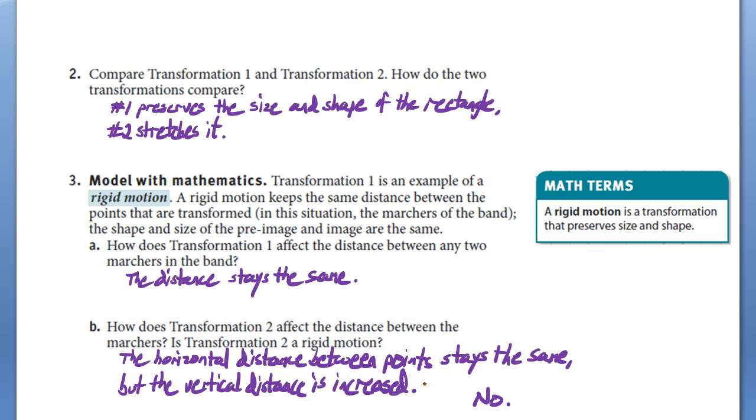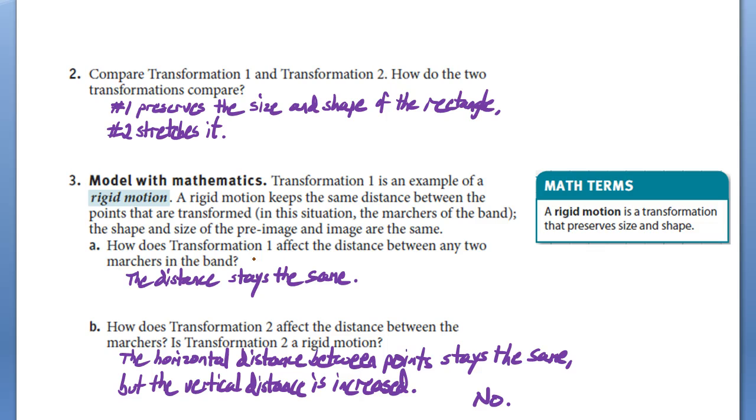Okay, question 3. Transformation 1 is an example of a rigid motion. A rigid motion keeps the same distance between the points that are transformed. In this situation, those points are the marchers of the band. The shape and size of the pre-image and the image are the same.